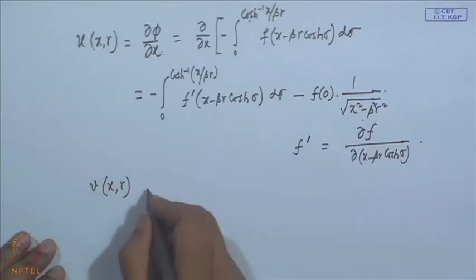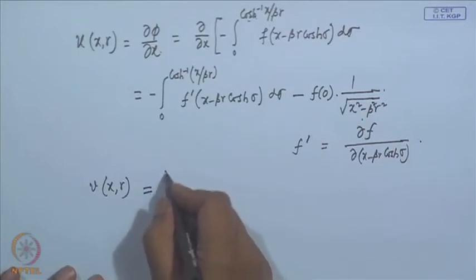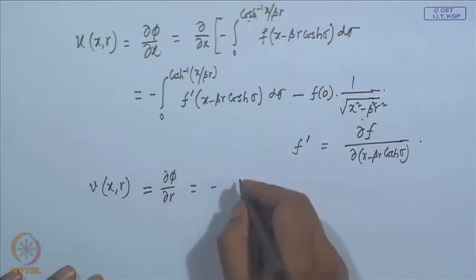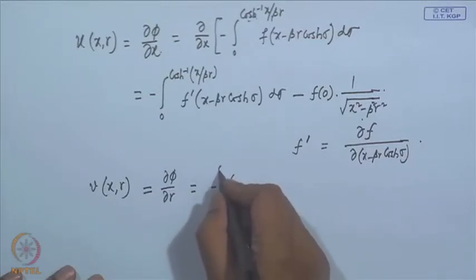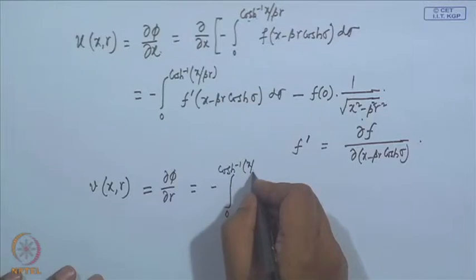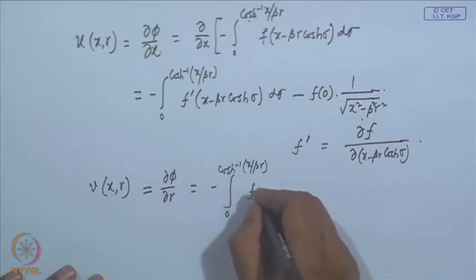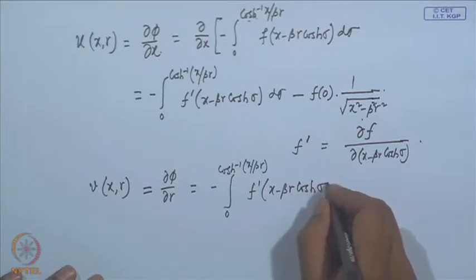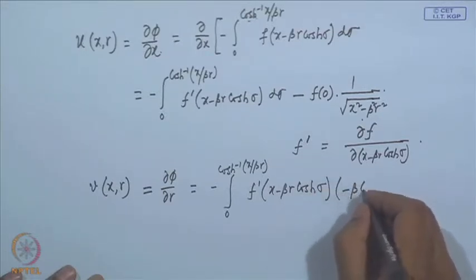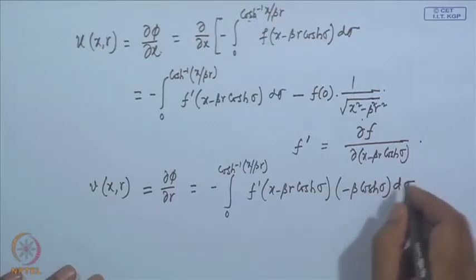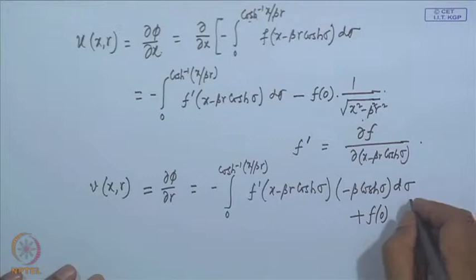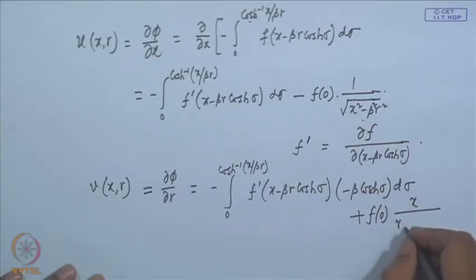Similarly, the radial component of velocity becomes zero to cos hyperbolic inverse x by beta r f prime x minus beta r cos hyperbolic sigma into minus beta cos hyperbolic sigma d sigma plus f 0 x by r root over x square minus beta square r square.